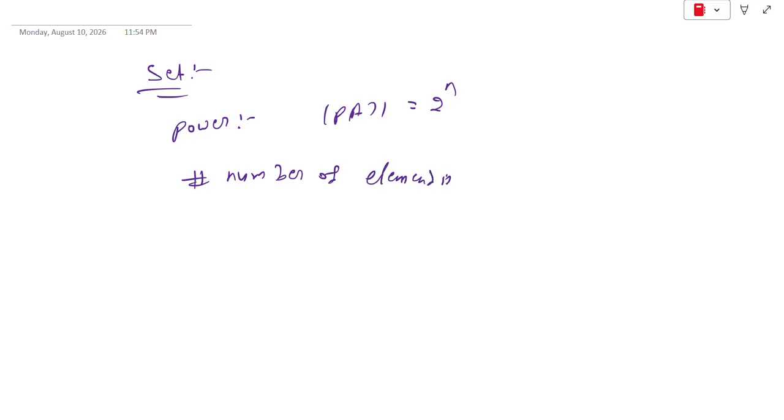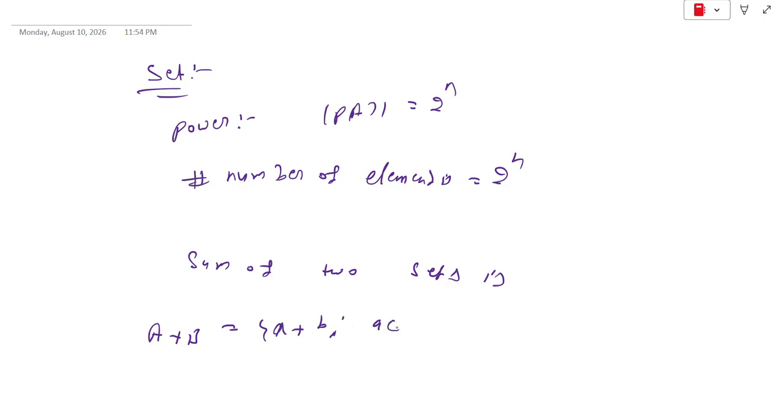And finally the sum of two sets: A + B is equal to {a + b such that a belongs to capital A and b belongs to capital B}.